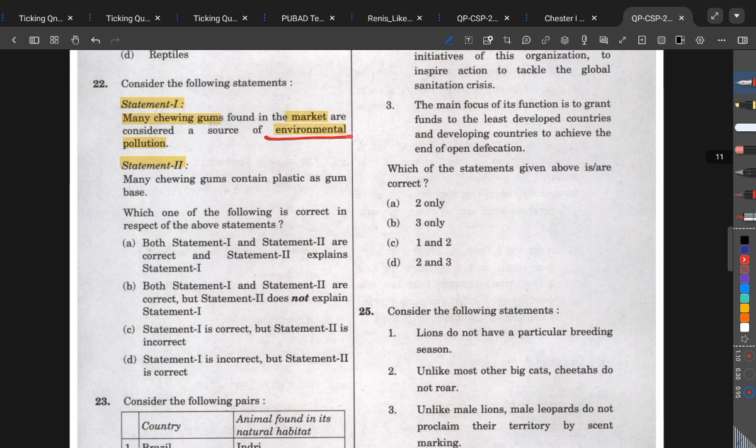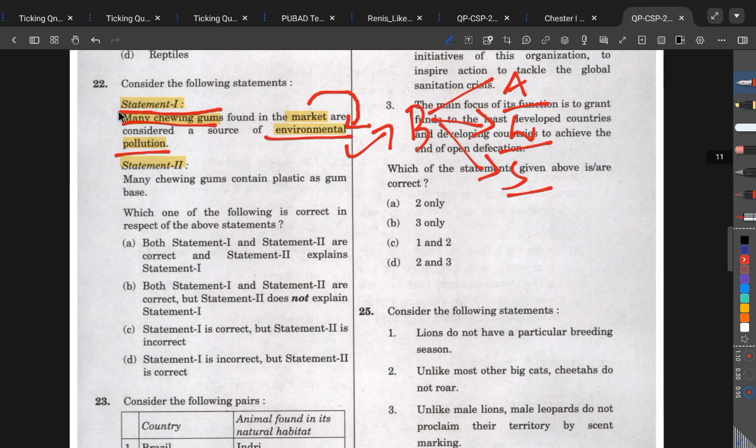What you need to understand is that environmental pollution is a broad term. It can be air, water, soil, or any other type. So the many chewing gums found in the market are considered a source of environmental pollution. Yes, there are possibilities, because chewing gums can be of any type.